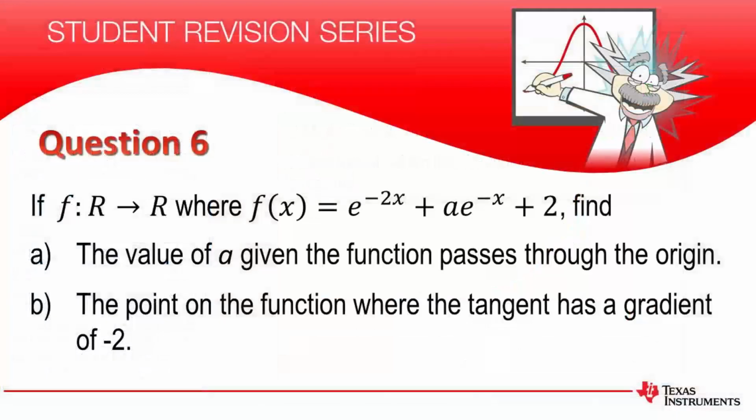Now I'm aware of the time and just a couple of glitches beforehand, and it's just taken a little bit of time there, but we'll have a look at this question and then I might just show you. So if f is defined over the real number system, the domain is R, and we've got this exponential function.